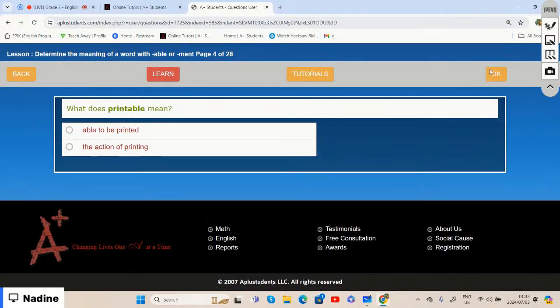All right, so what does printable mean? Printable. Is printable able to be printed, option one, or the action of printing, option two? Printable. Able to be printed, option one, or the action of printing, option two.